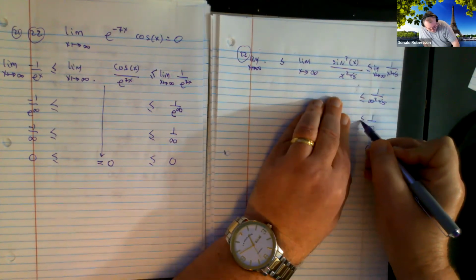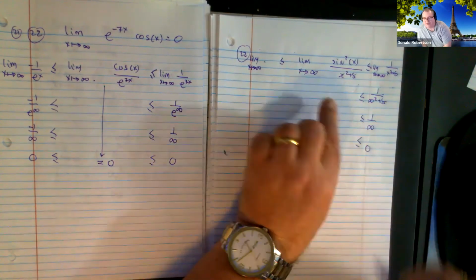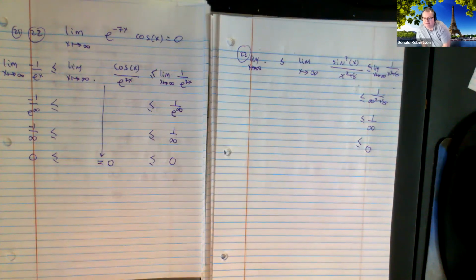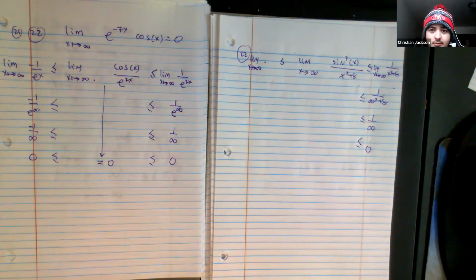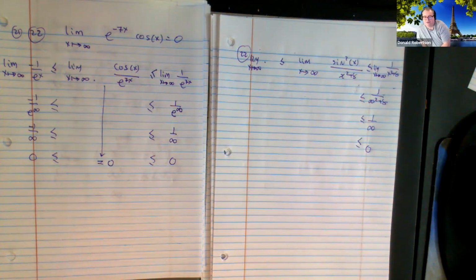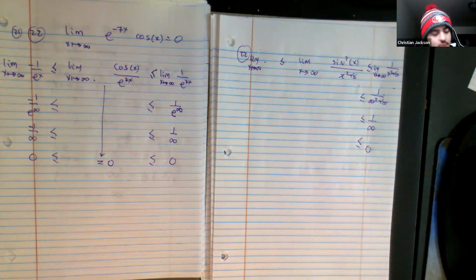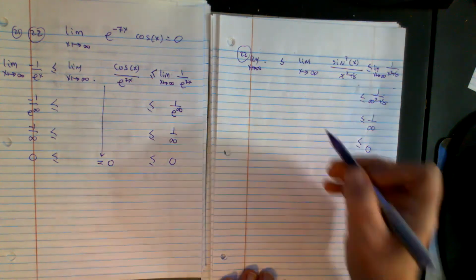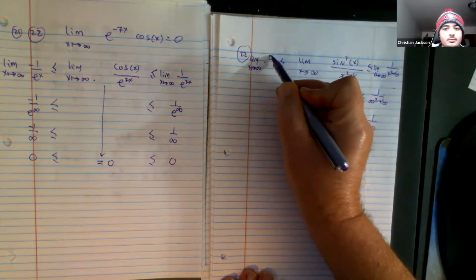What's the smallest answer sine squared x can be? -1. Can it be -1 because you're squaring it? Oh, no. Would it just be 1? Well, 0, yeah, it'd just be 0. Oh, 0.